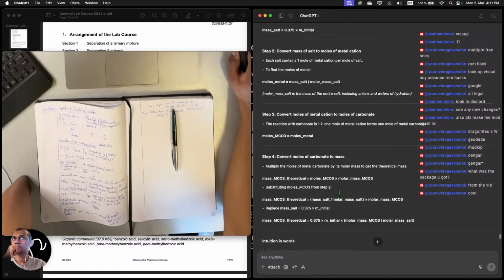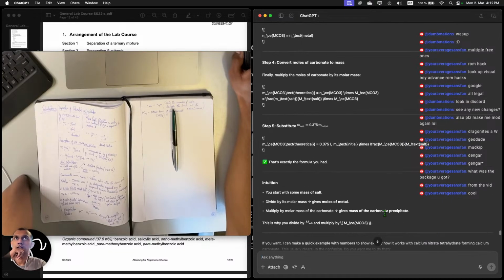Okay. Substituting moles of, yeah. So mass of the theoretical equals mass of salt by molar mass of salt times molar mass. Okay, I see it. I see it.